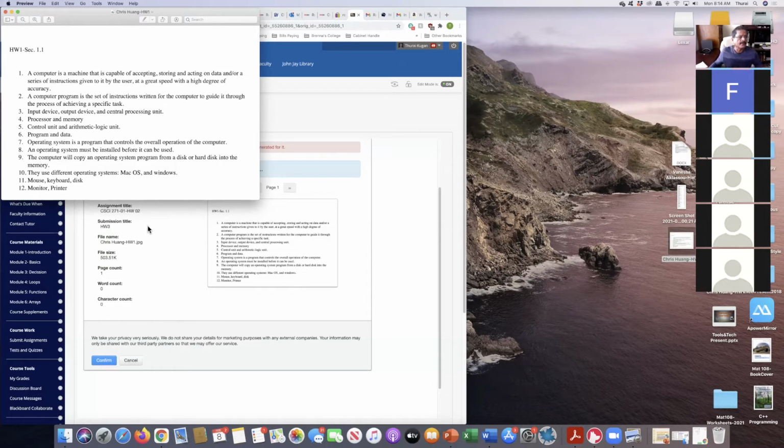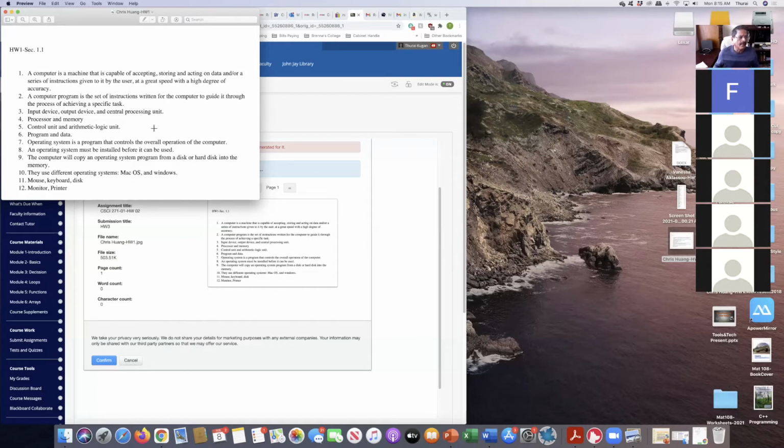For example, the question that said, what are the components of the computer system? The correct answer is just this: input device, output device, central processing unit. That's all you need. But some students were explaining what an input device is, output devices, and all that.